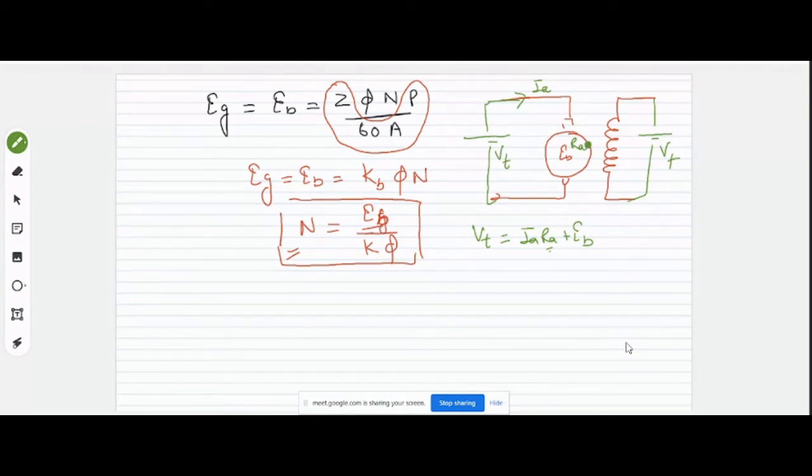So we can say that EB is equal to VT minus IA RA for motors. So we can write that N is equal to VT minus IA RA over K phi.